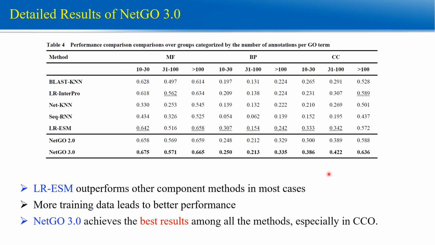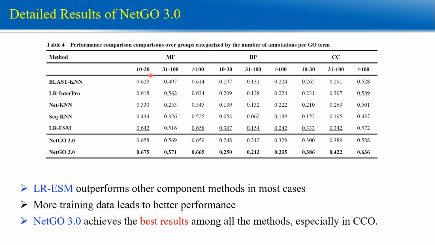To show the ability of prediction on GO terms in the deeper layers, we divided GO terms in the test dataset into 3 groups according to the number of annotations per GO term. In the column 10 to 30, the GO terms are only annotated to a small number of proteins. These GO terms can be seen as specific GO terms and are always located in the deeper layers.